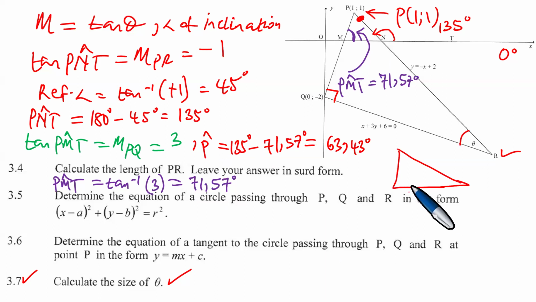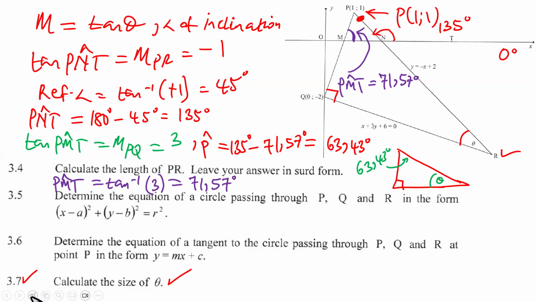There is one angle here, 90 degrees, another is 63,43 degrees, and this one here is theta. We just need to find this one. We already know P and the 90 degrees, so we just need to find the third one.